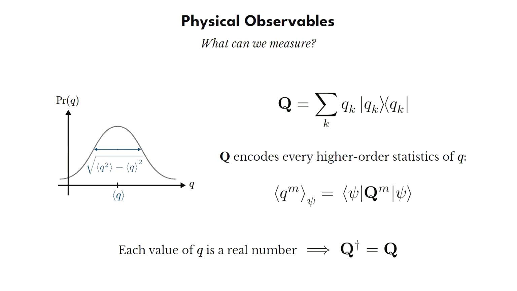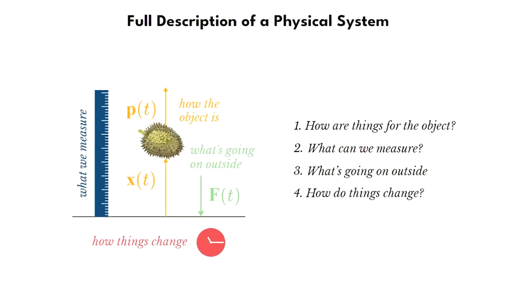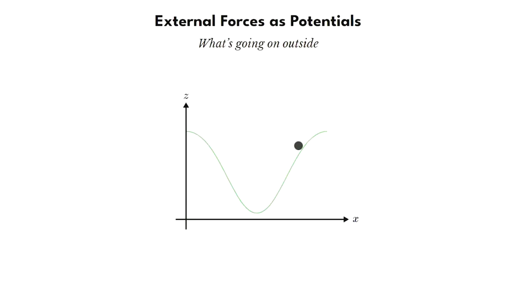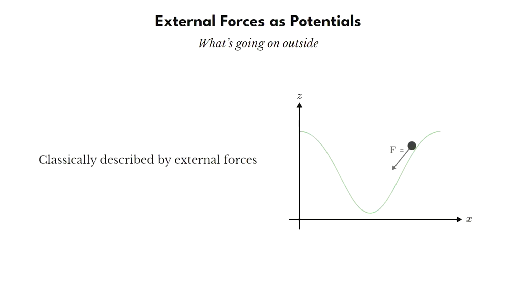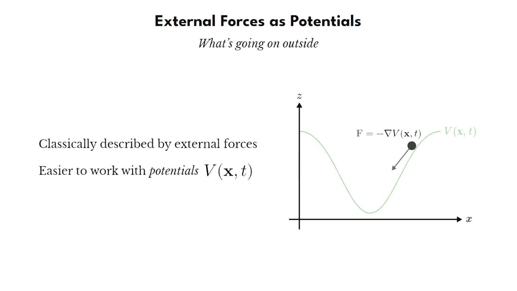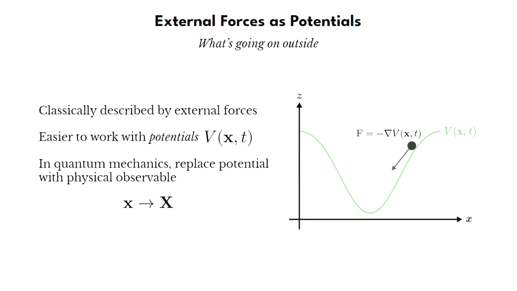Hermitian means that when you take the complex conjugate, it doesn't change the matrix. Now let's look at what's going on outside. We can look at an example where a particle is in a potential, and this potential will exert an external force on that particle. In quantum mechanics, we will just replace the variable x with an operator, and because these operators must be Hermitian.